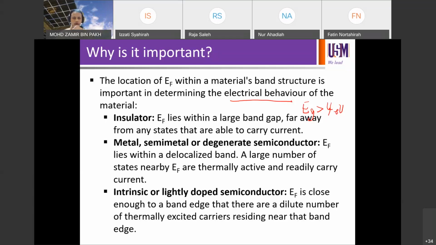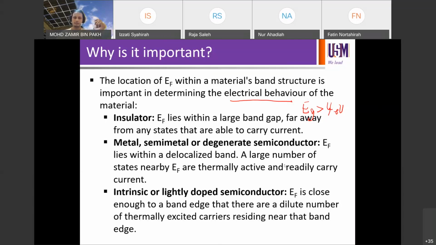For metal, semi-metal, or the generic semiconductor, the EF lies within the localized band. It depends, because metals or semi-metals have slightly different properties. For metal, for example, since they have overlap of bands, the EF is not obvious because the bands are overlapped.